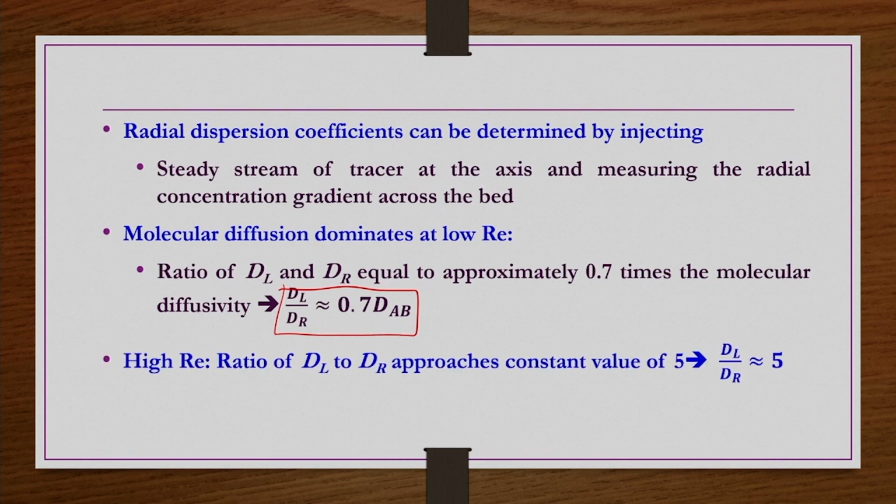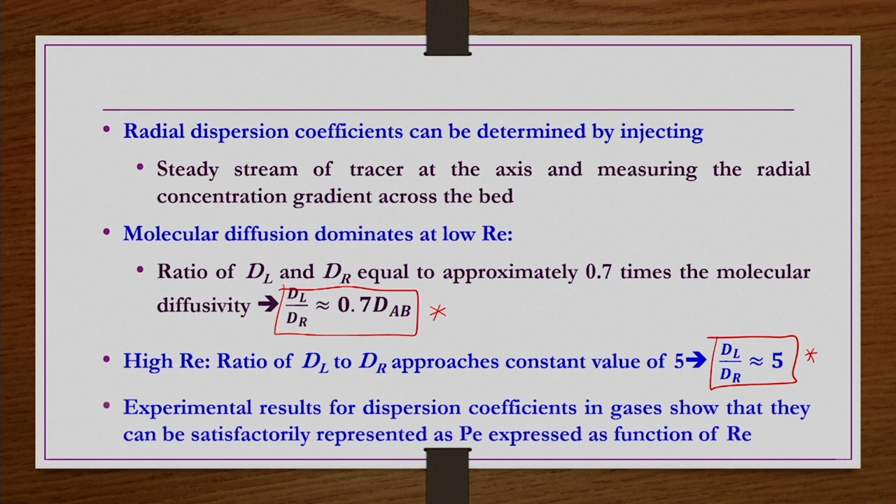At high Reynolds number, people found this ratio dl by dr is approximately 5. So, in the high Reynolds number region the ratio is constant, whereas in the low Reynolds number region the ratio is not constant, it is some constant multiplied by the diffusivity of the system, that is 0.7 dAb. Experimental results for dispersion coefficients in gases show that they can be satisfactorily represented as Peclet number expressed as a function of Re.